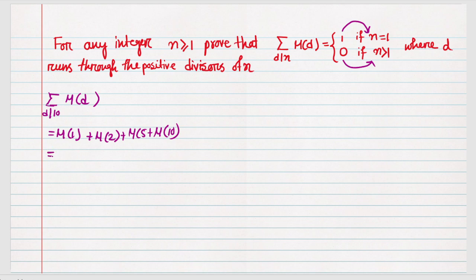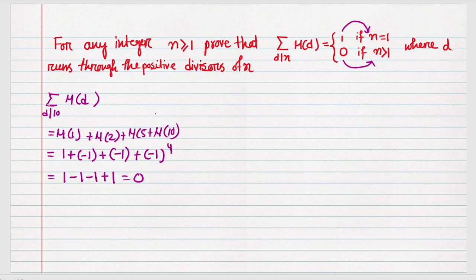So mu of 1 is always equal to 1, mu of 2 is equal to -1, mu of 5 is equal to -1, and the last one, mu of 10, which is a product of distinct primes, is -1 raised to the power 2, which is +1. That means we have 1, -1, -1, +1. If we cancel out, we have the answer 0.